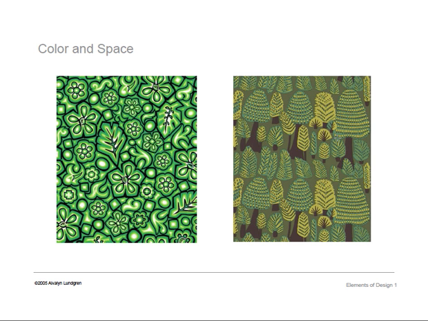We also use color to create a sense of space. Both of these patterns are surface design, they're textiles, and they are similar in color scheme. This is actually an analogous scheme with some chromatic neutrals, and this is a monochromatic. It's a one hue scheme with variations of color within the hue and then the black.